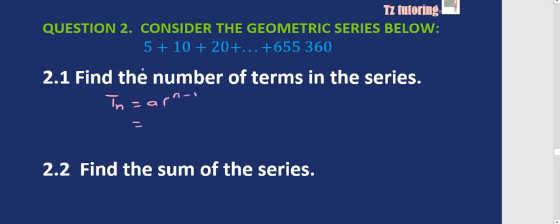So a in this case is 5. The common ratio is 2. You keep multiplying by 2, n minus 1. That is basically our Tn formula. Of course, remember, this is similar to when we did an arithmetic sequence.